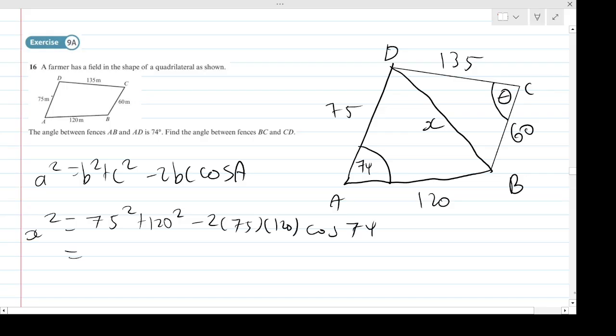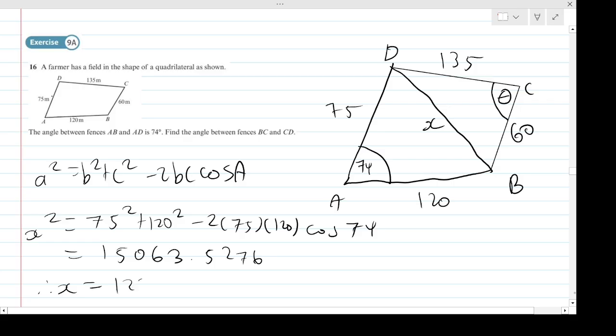So then I just need to put that in the calculator. 75 squared, add 120 squared, minus 2 lots of 75 times 120 cosine of 74 gives this number here, 15,063.5276. Then I need to square root it to get x, so x is going to be the root of that.